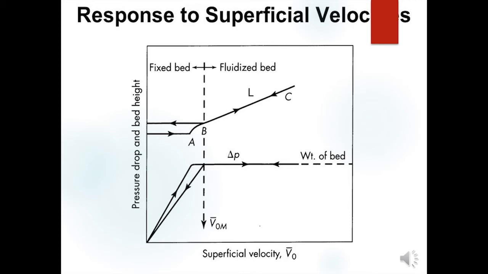What that means is that as we go on increasing the fluid flow velocity, the particles of the bed become easily separated from each other, and they are free to move about in the fluid.